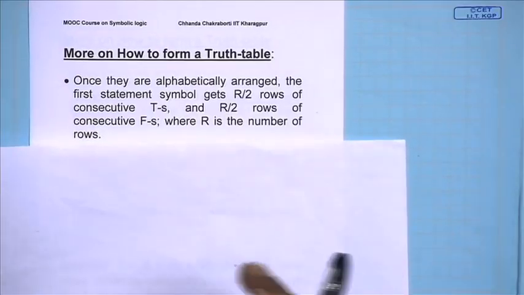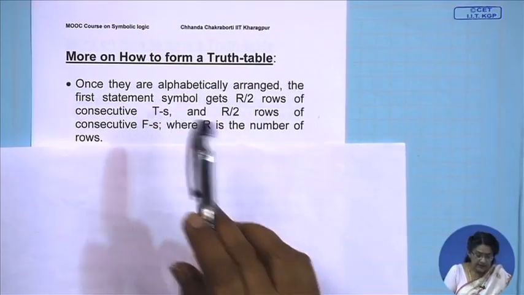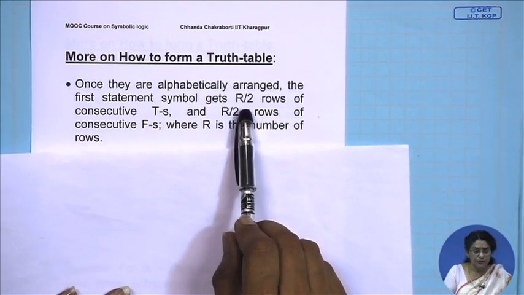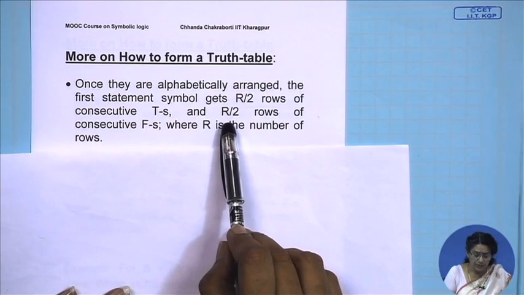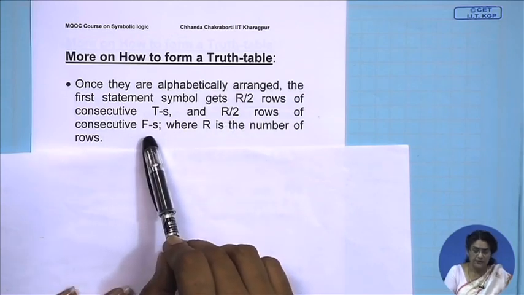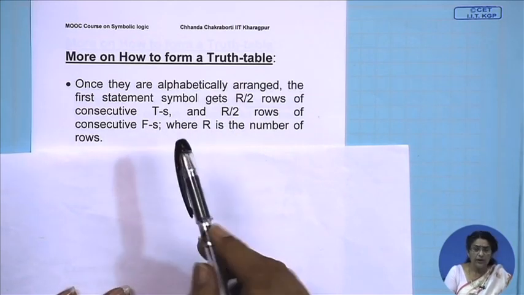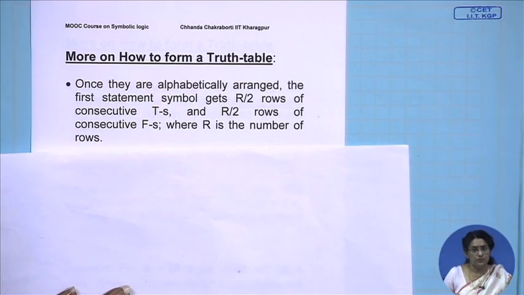Once you have the reference columns, there is the question about distribution of truth values to these simple statement symbols, and there is a certain way to do that. Once these symbols are alphabetically organized, the first statement symbol gets R by 2 rows of consecutive T's and R by 2 rows of consecutive F's, where R stands for the number of rows.